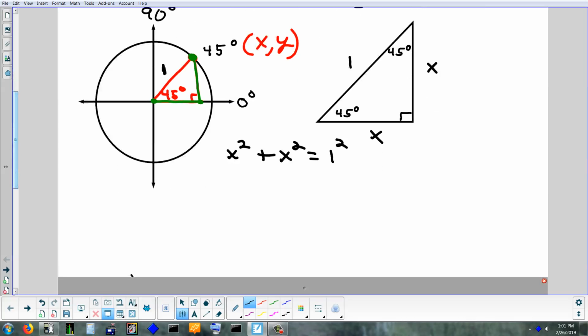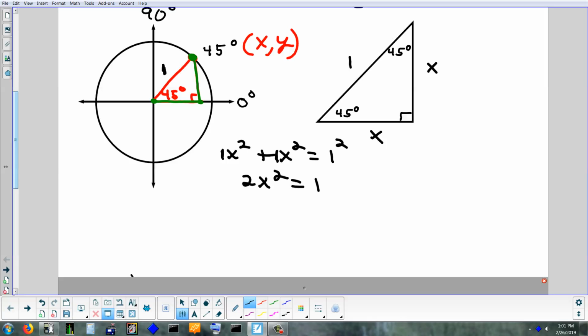Yep. And now we're going to solve for x. So we have, if you want to think of it as 1x squared plus 1x squared, what's 1x squared plus another 1x squared? 2x squared. Now 1 squared, I'm just going to put 1. Now I got 2 things left I got to do.